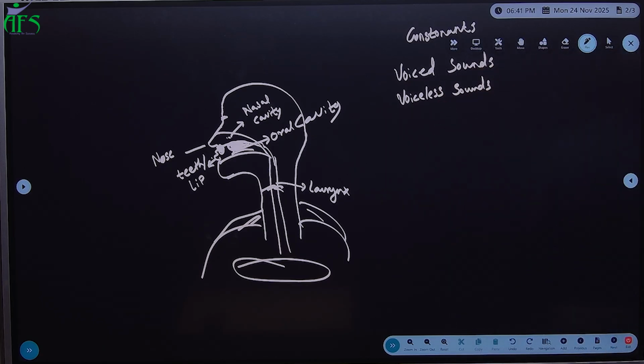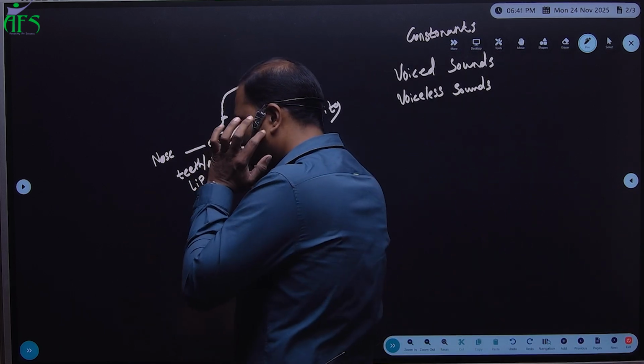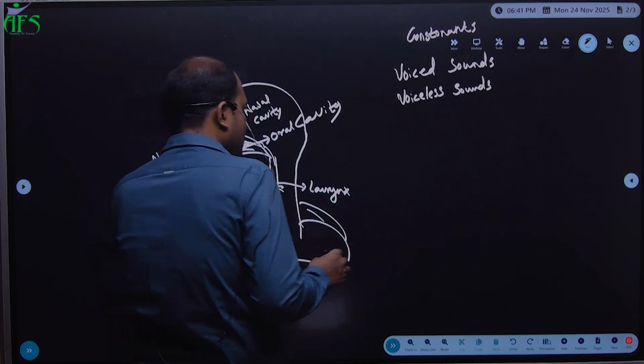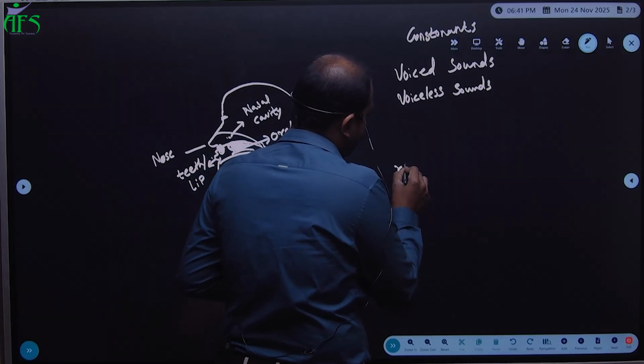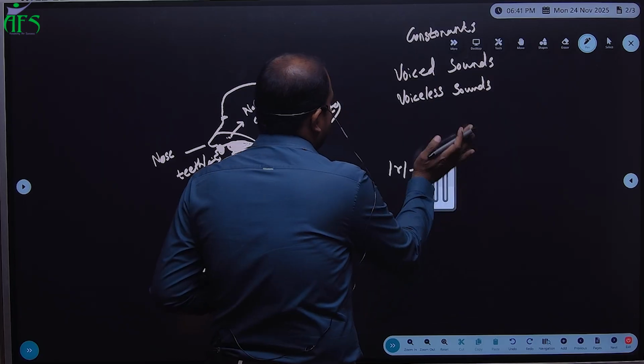Next is retroflex. Retroflex, where the vibration is there, and the only sound in English is that sound r, right?